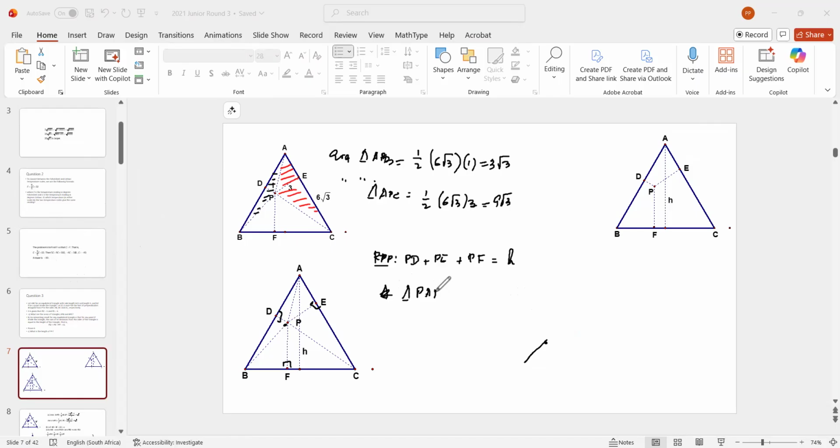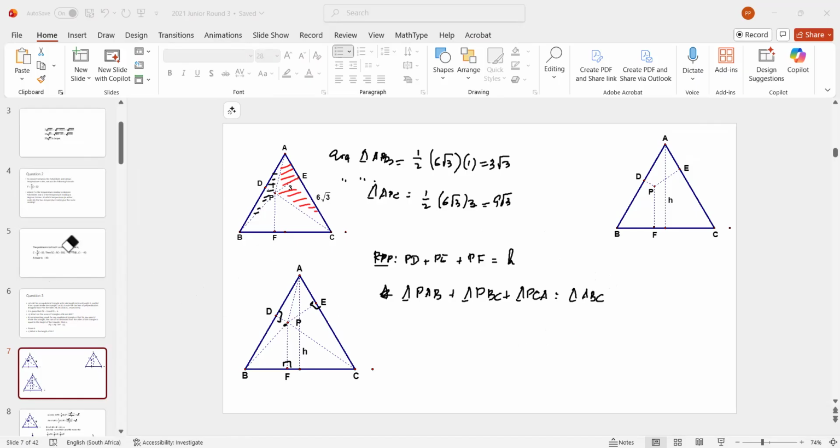This means the area of triangle PAB plus triangle PBC plus triangle PCA is equal to triangle ABC. This is a picture I had just now. The sum of the three triangles, their areas, is equal to the area of the whole triangle.